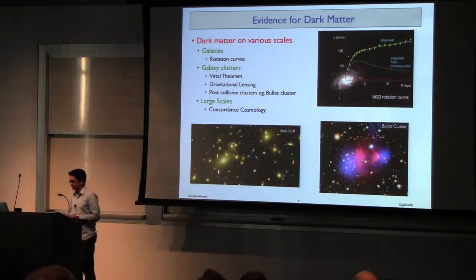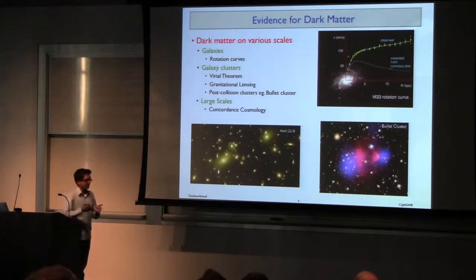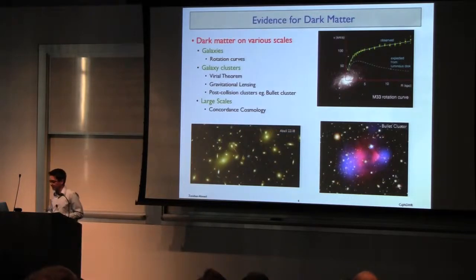Another way is to look at the X-ray gas that comes from these galaxies. It turns out that the temperature of the gas does not match the observed optical mass. And so we see that there's possibly a missing component in that kind of analysis too.